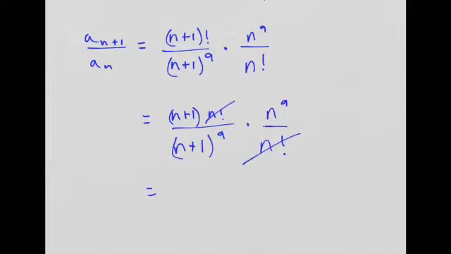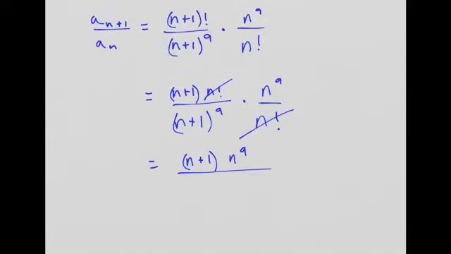Also, if I were to FOIL this out, I'm not going to, but if I were to FOIL n plus 1 to the 9th, I would get n to the 9th plus n to the 8th, maybe some other coefficients, but I'll get n to the 9th as my first term, and then something, something, something, all the way down to just 1, because it'll be 1 times 1 times 1, 9 times.